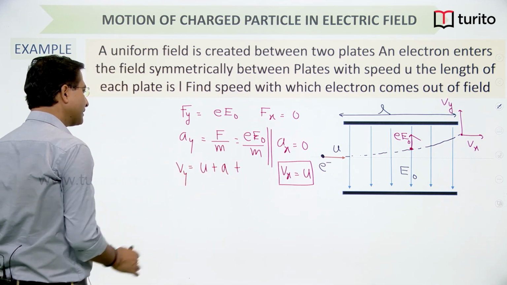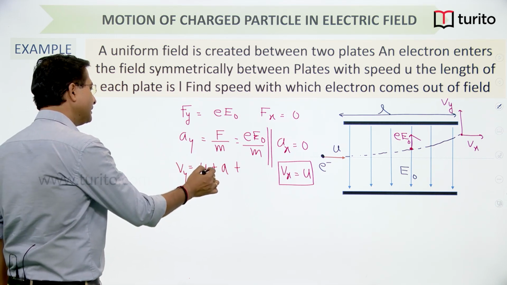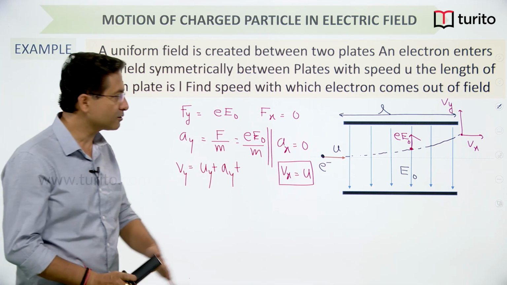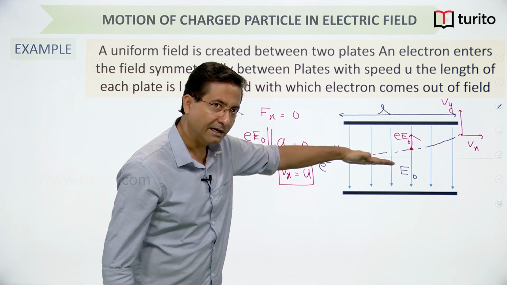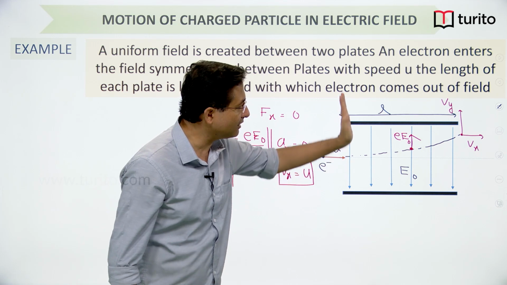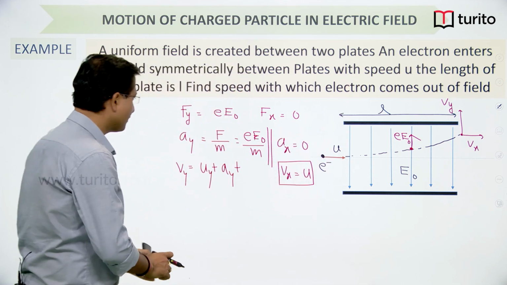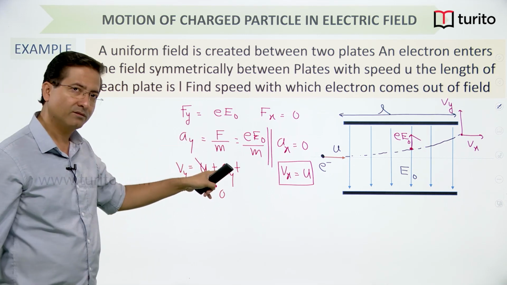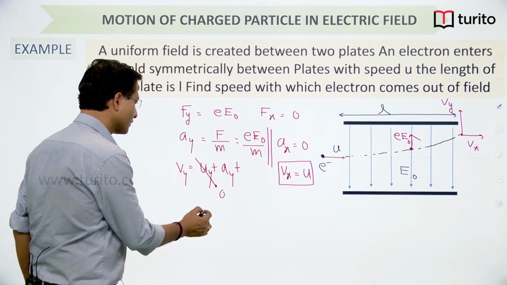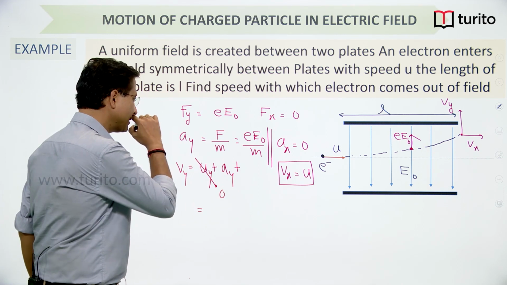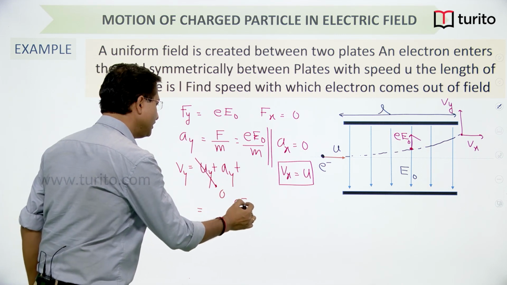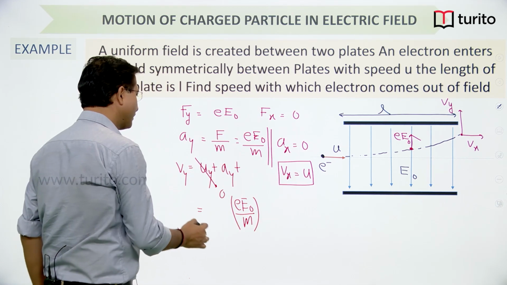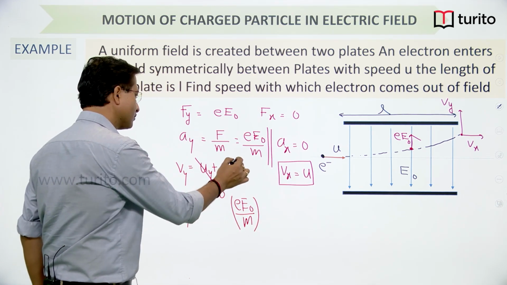To get the velocity in the y direction I need the initial velocity in the y direction and the acceleration in the y direction. As the particle is projected in the x direction, it does not have any component initially in the y direction. So, the initial velocity in the y direction is 0. Acceleration I know, that I can substitute here. So, the acceleration is eE naught divided by m. Now, I require the time to get the velocity. So, this is unknown.